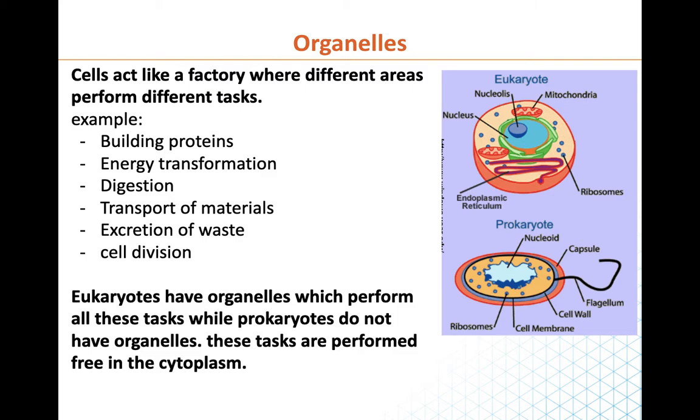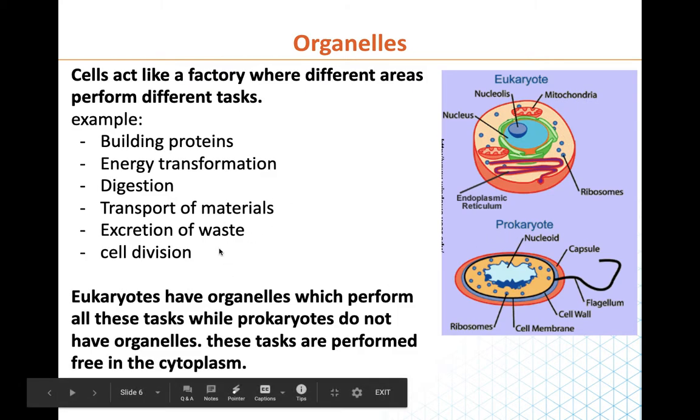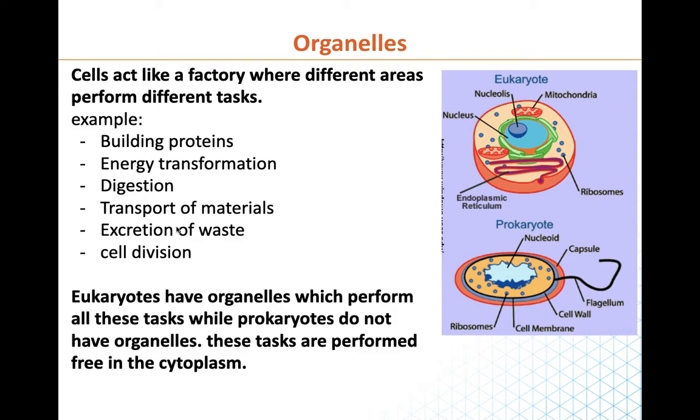All right, so cells need to be able to perform all of these tasks, all types of cells. They need to be able to digest food, create energy, build proteins, transport material, remove waste from their body, and perform cell division, right?